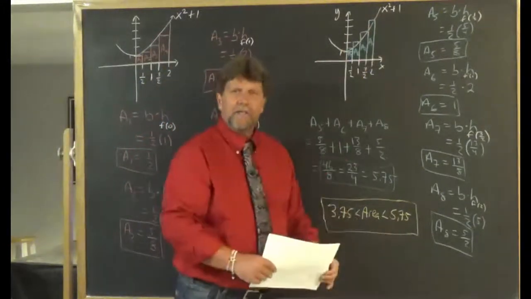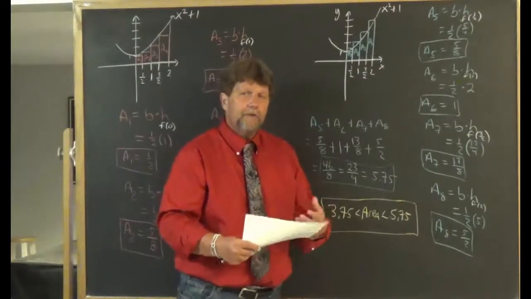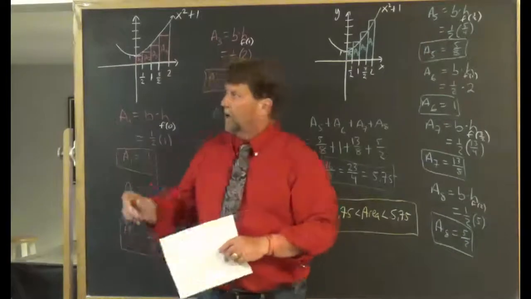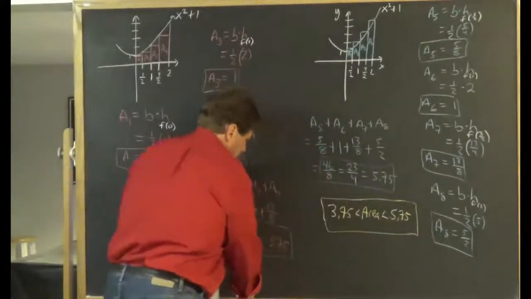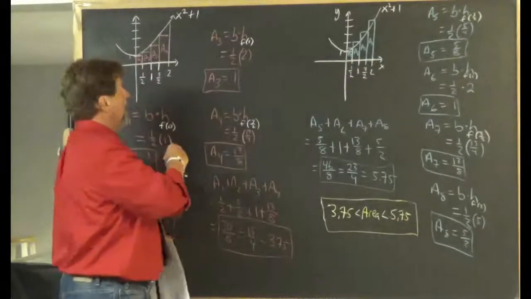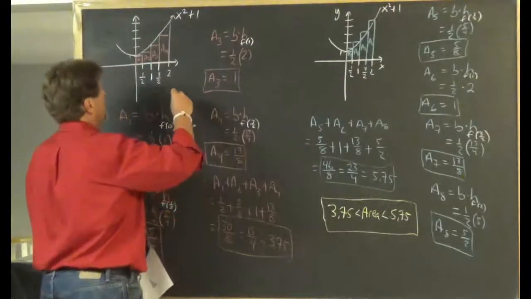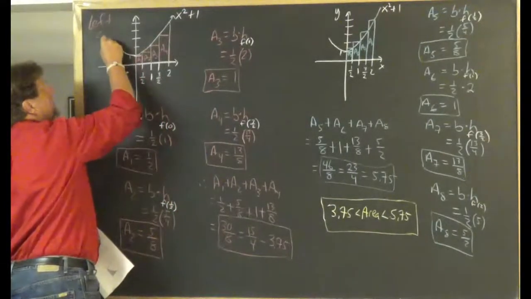It's almost like a squeeze theorem in a way. But that's the process of how we use rectangles to approximate. Left endpoints, which, by the way, when you use left endpoints of a subinterval to tell the height, you are doing what is called a left sum.